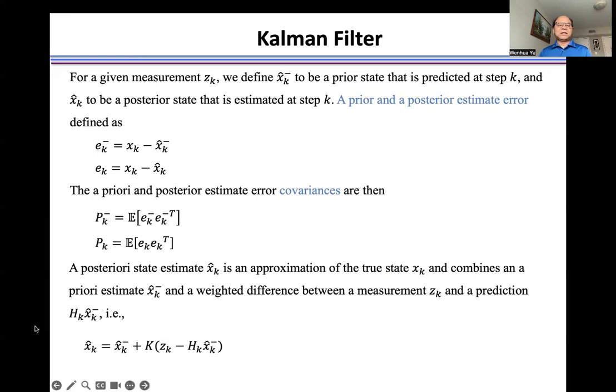The Kalman filter tries to find the posterior next state from the prior next state and from the measurement. From the system dynamic, you can see the posterior next state is based on the prior next state and a modification by the Kalman filter.